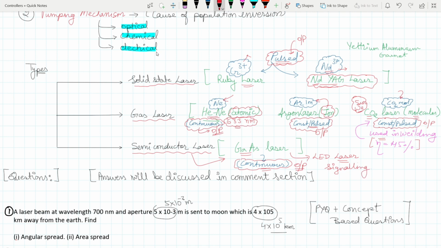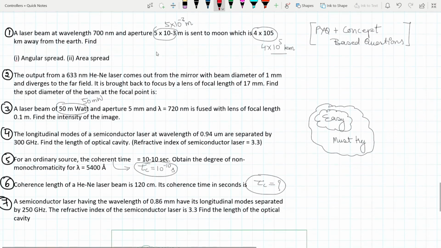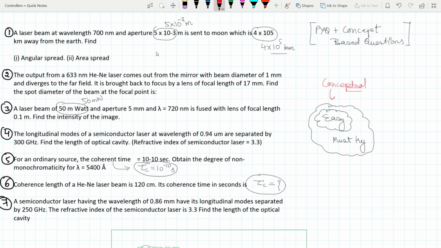Okay, so this is the overview of laser, and here are some questions which I have provided. These are generally conceptual questions, and a few of them were asked in previous year GATE. I request you to try out all the questions, form a table of answers, and post your answers along with the question numbers.